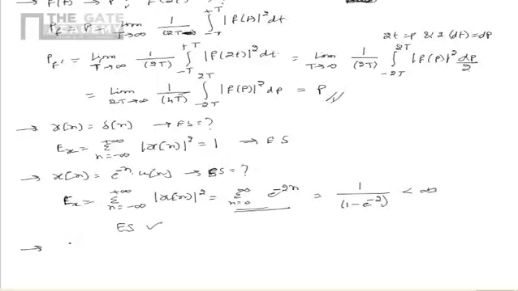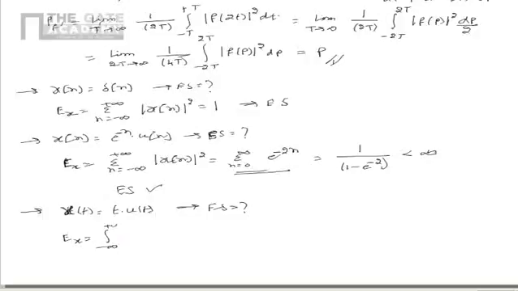Now let us consider another example in which the signal x of t is given as t into u of t. We have to find if the signal is energy signal. We know that energy of the signal x of t is given as integral from minus infinity to plus infinity mod of x of t whole square dt.